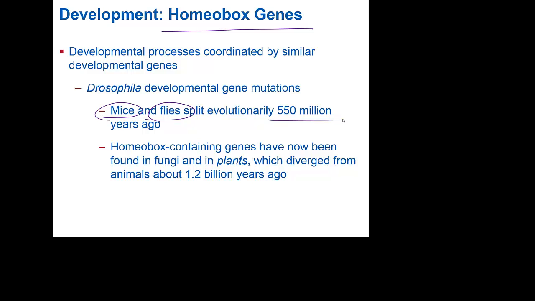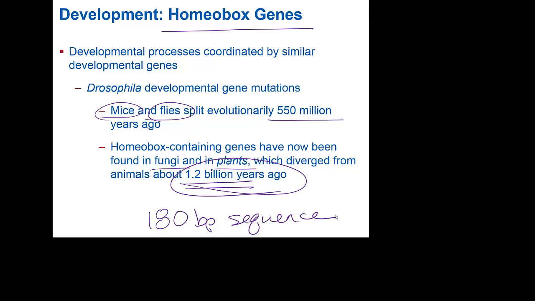But they've also now found the same homeobox genes in fungus and plants. Fungus and plants split from animals 1.2 billion years ago. So when we're talking about a 180 base pair sequence that is the same in a fungus and in you, that's pretty amazing. And before you say you don't look anything like a fungus, I disagree.